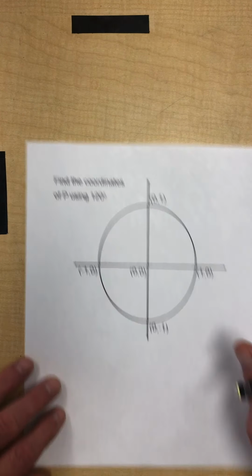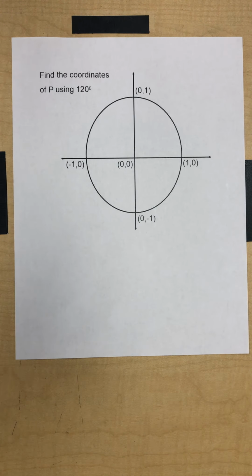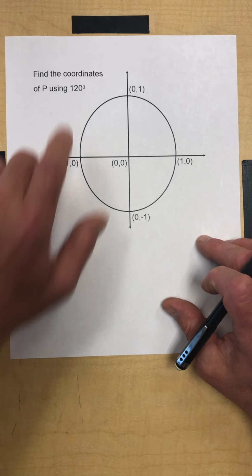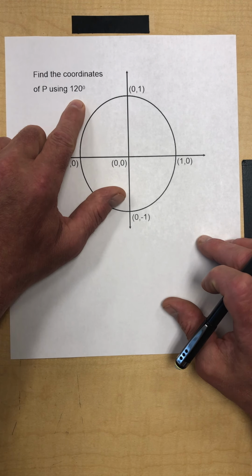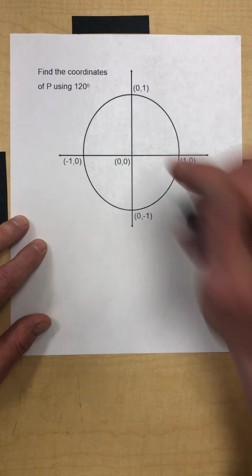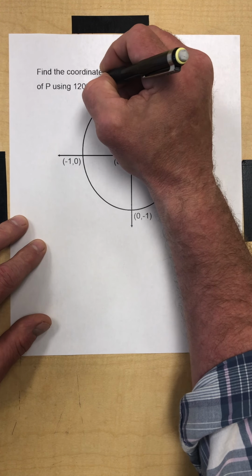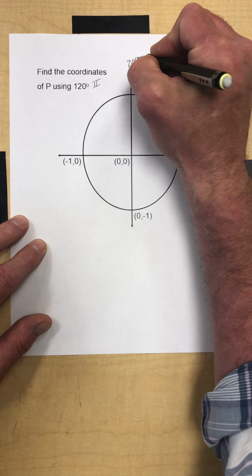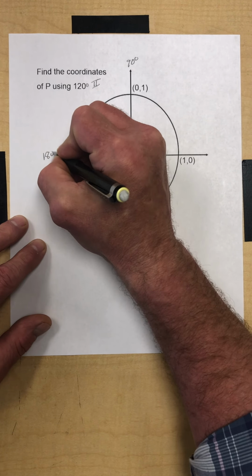Now we get into quadrant 2 on the unit circle. We're going to start with a 120-degree angle. Notice that takes us into quadrant 2, because that's between 90 and 180 degrees.